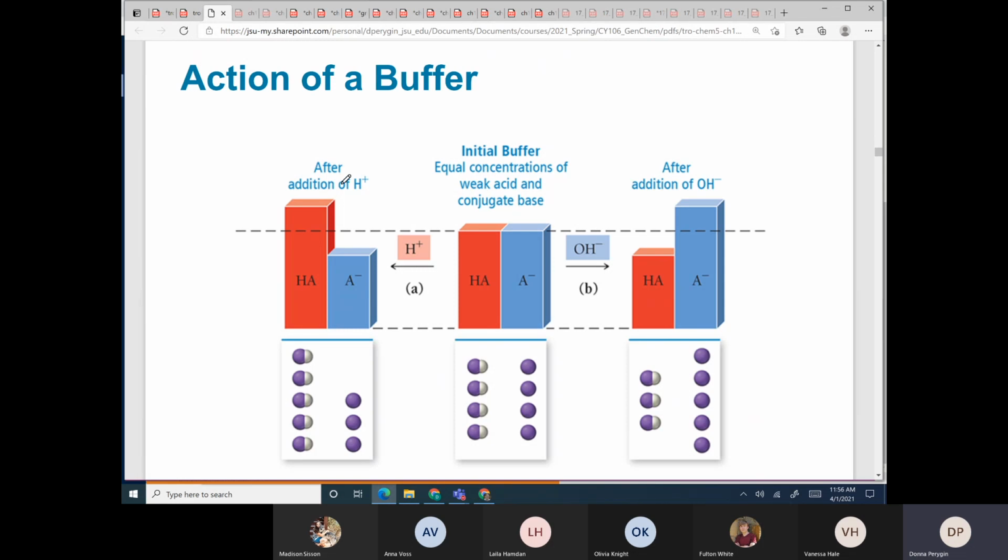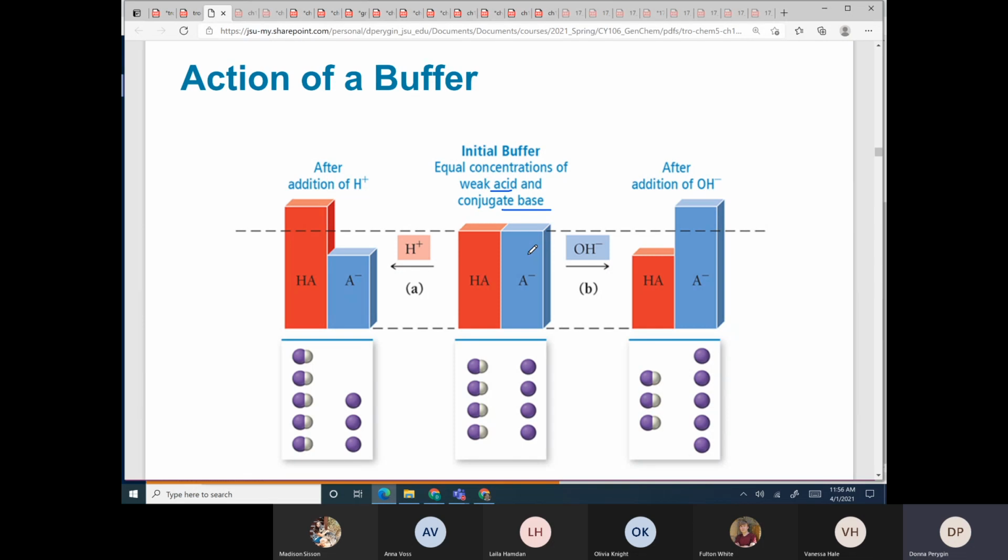So after addition of H plus, we would have more acid, and after addition of hydroxide, we're going to have more base, okay? So our initial buffer ideally will have equal concentrations of the weak acid and the conjugate base. Okay, so HA is going to be roughly equal to A minus. And those are the requirements to having a buffer. We're going to see that your buffer needs to be around or less than 10 times difference of the HA and the A minus.